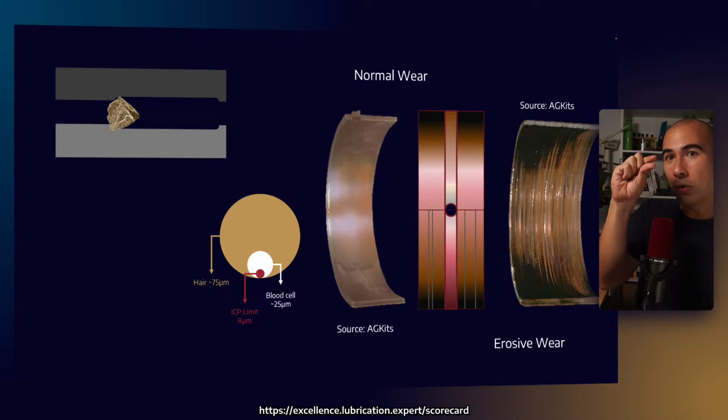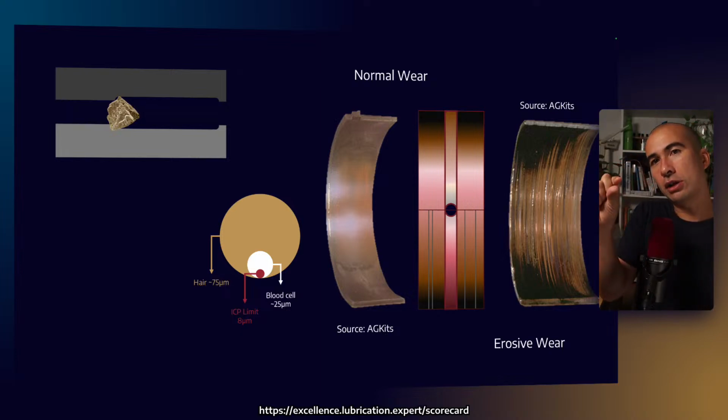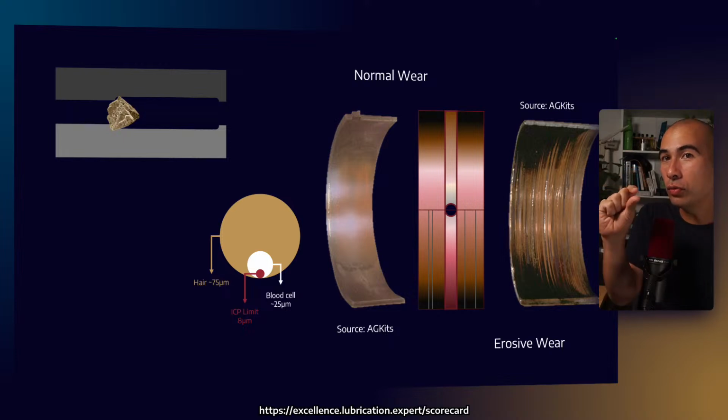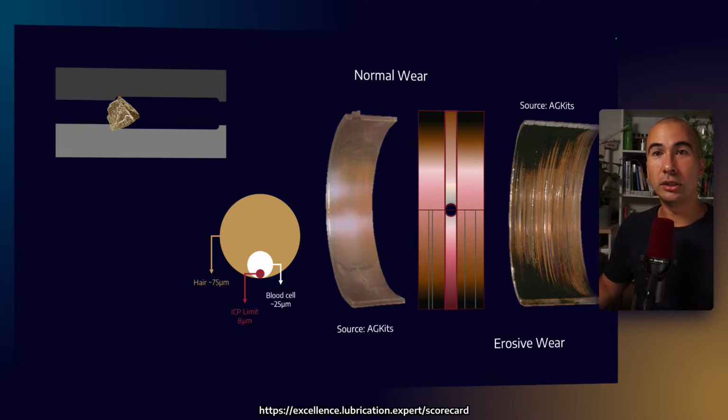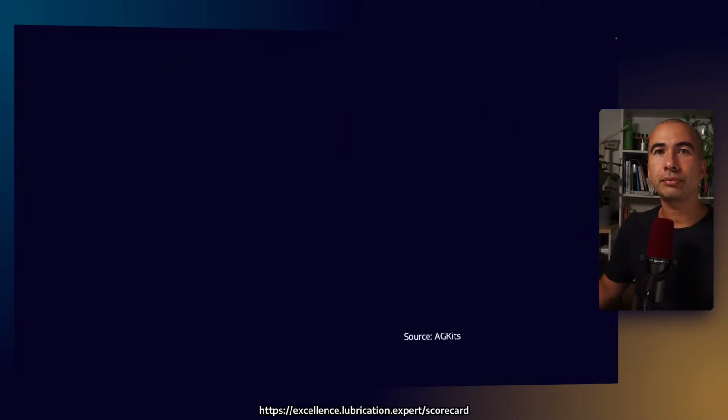Remember that our lubricant film thickness in a hydrodynamic lubrication setting is maybe only 10 microns, and in elasto-hydrodynamic lubrication, it might even be 1 or 2 microns. So that is the kind of size of particle which is damaging to our equipment.